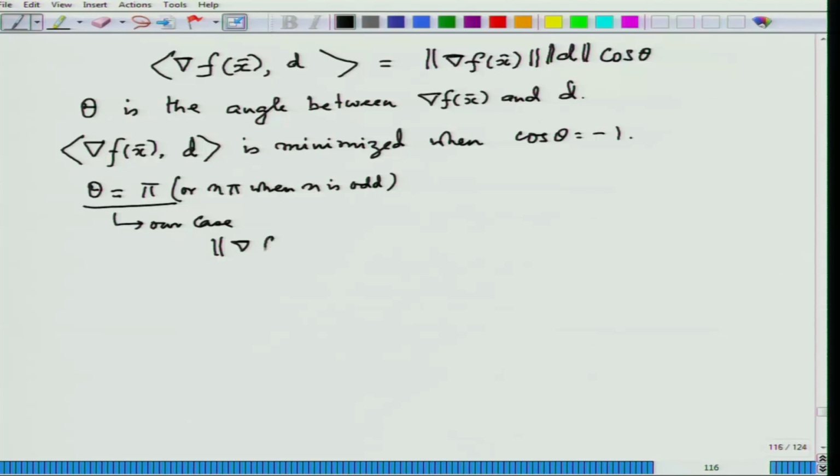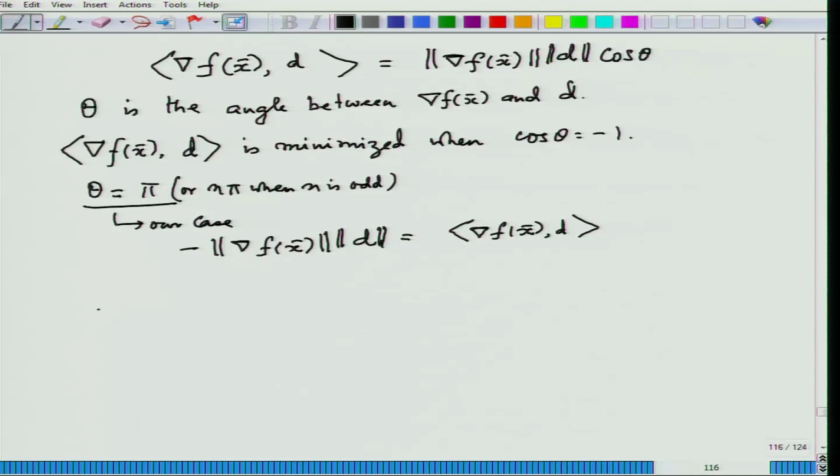So, norm of grad f x bar, norm of d, into minus 1, is equal to grad f x bar transpose d. So, what should d be?